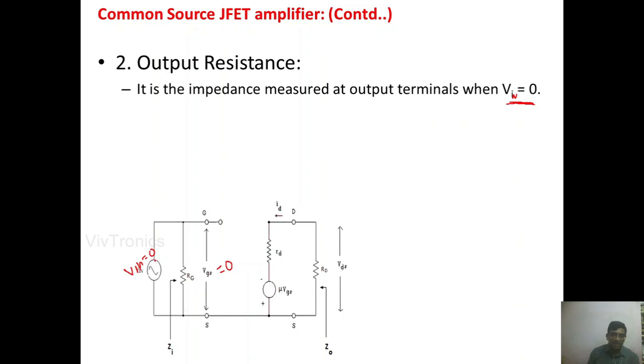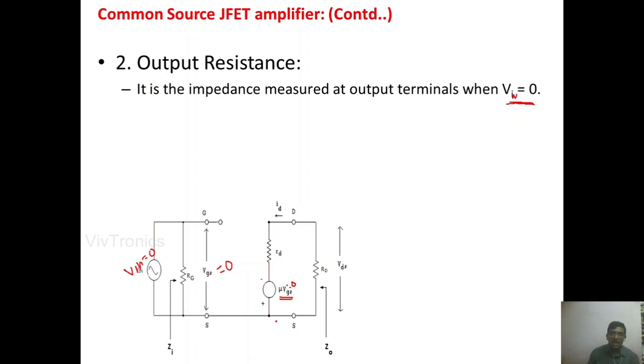As Vin is equal to 0, VGS also will be equal to 0. So the mu VGS voltage source will also be equal to 0, because it depends on the input voltage VGS. Here VGS is equal to 0, therefore mu VGS is also equal to 0.